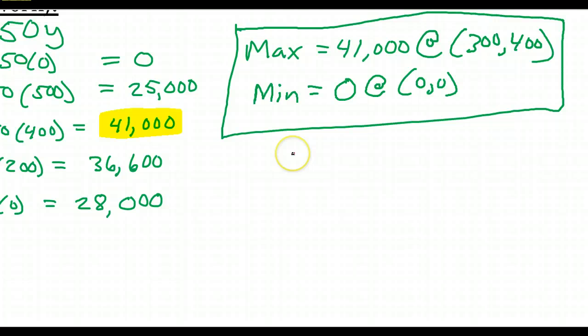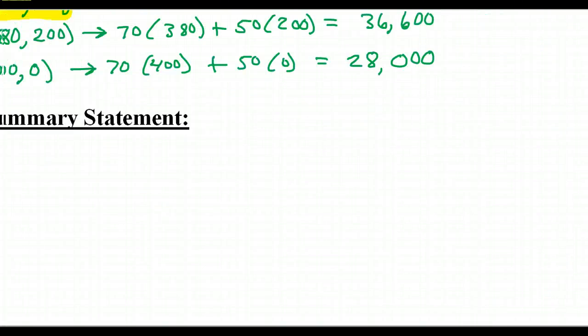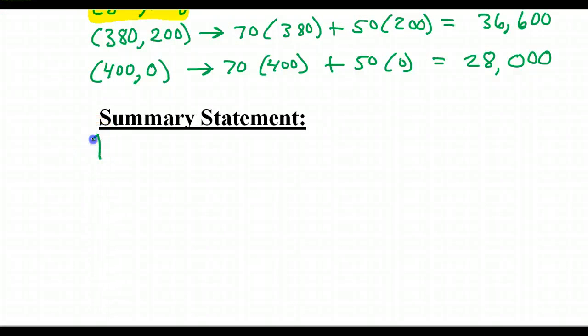So it's time to take that and put it into words. So we're going to say for a maximum profit of $41,000. Maybe I should type this. My writing can be a little sloppy sometimes.